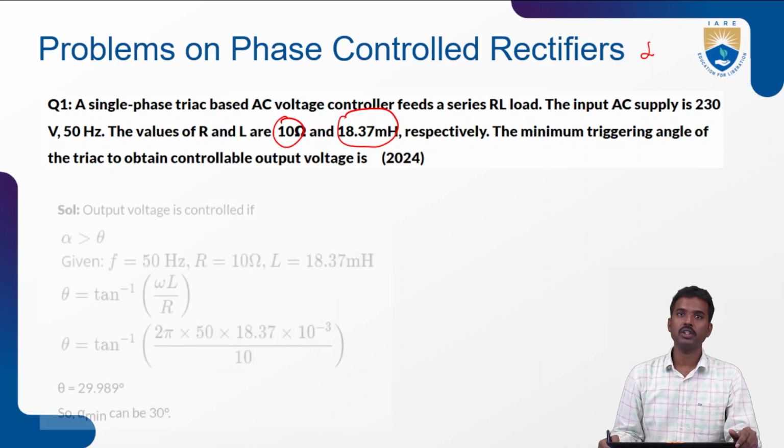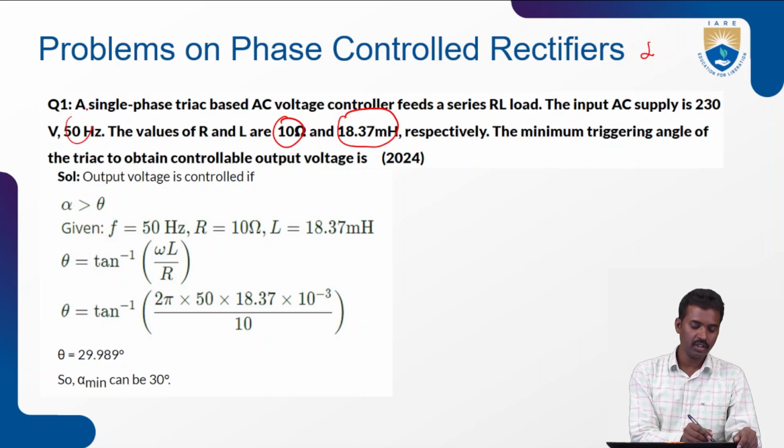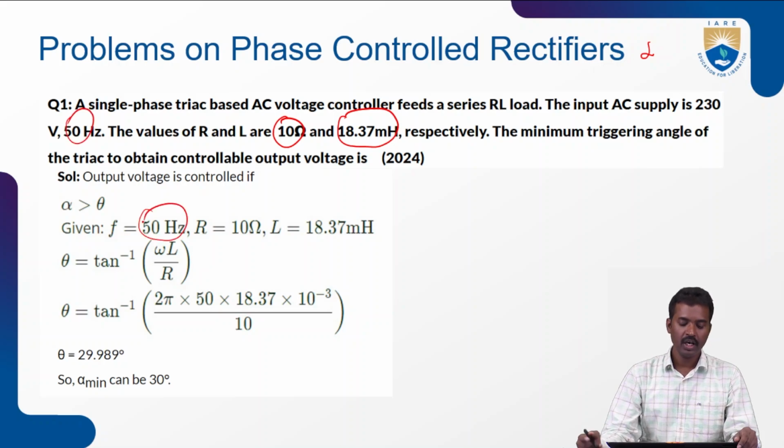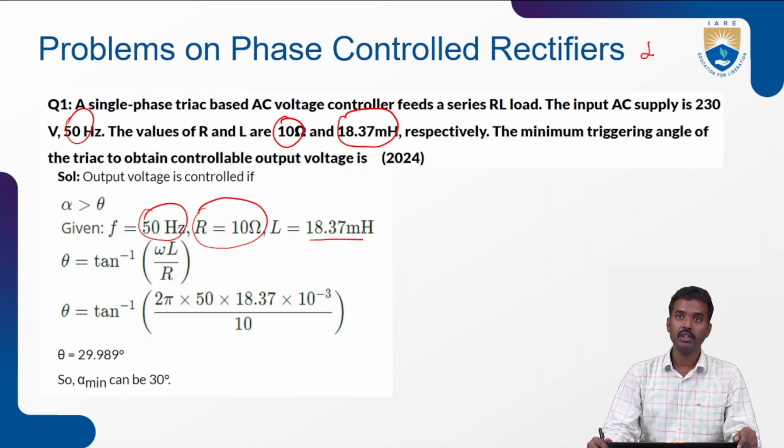So what is the formula? Actually this alpha is always greater than theta. Frequency is given, that is 50 Hz, R is 10 ohms, and L is 18.37 millihenries.